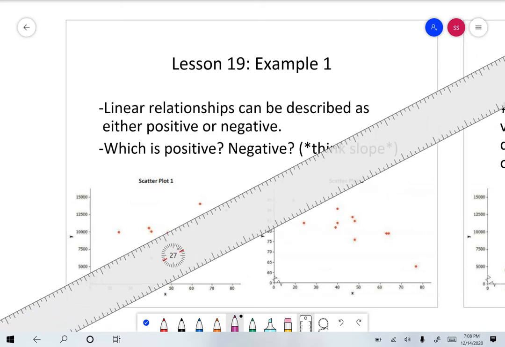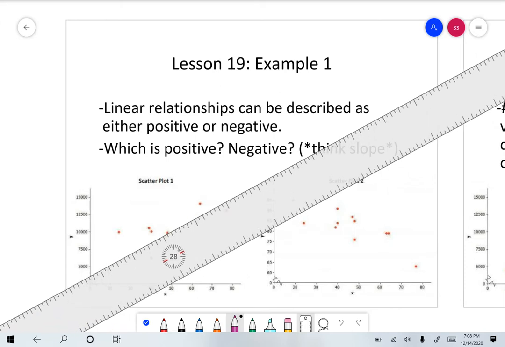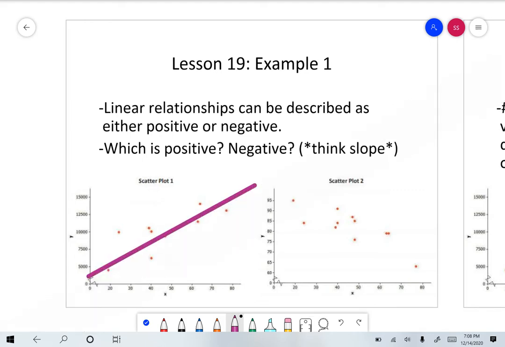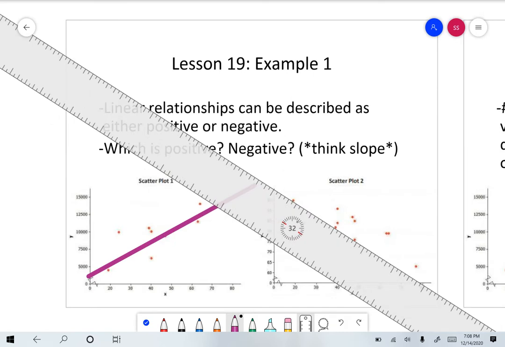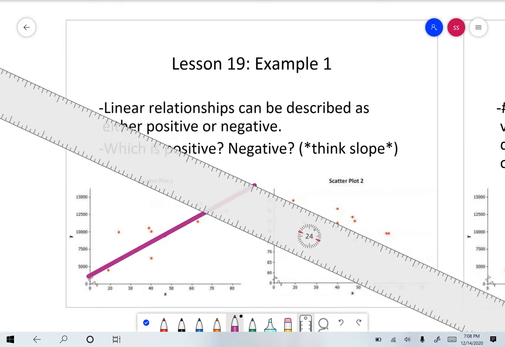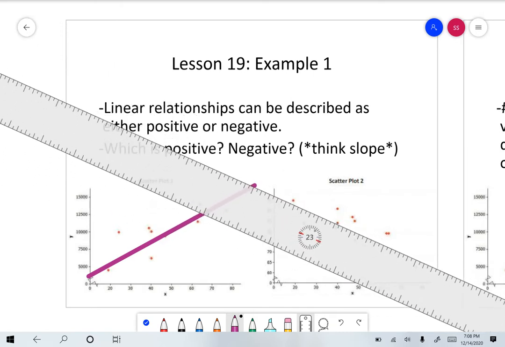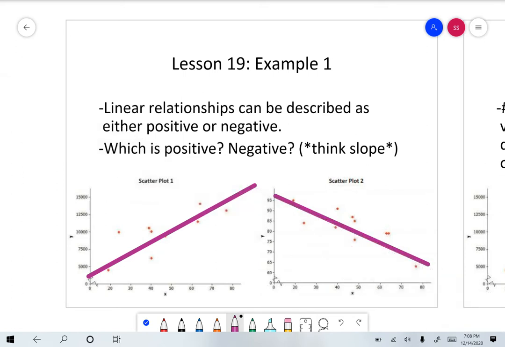What I mean by that is, let's say that the line of best fit that we predict for this data is that, and the line of best fit we predict for this one is something like that. Think slope, right? Would the slope for the graph on the left be positive or negative?